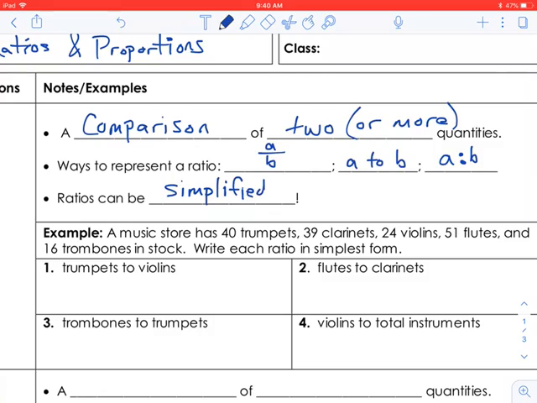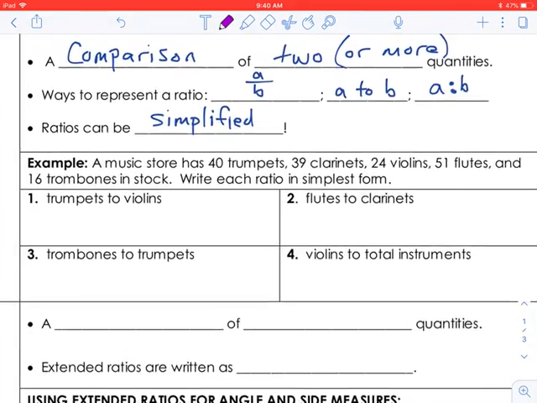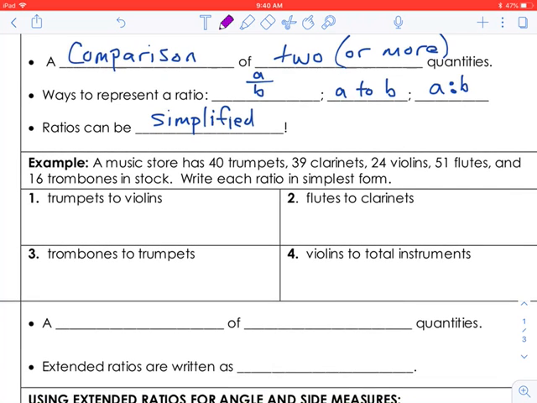Looking at these first ones, what's the ratio of trumpets to violins? It says a music store has 40 trumpets, 39 clarinets, 24 violins, 51 flutes, and 16 trombones. For trumpets to violins, it's 40 to 24.